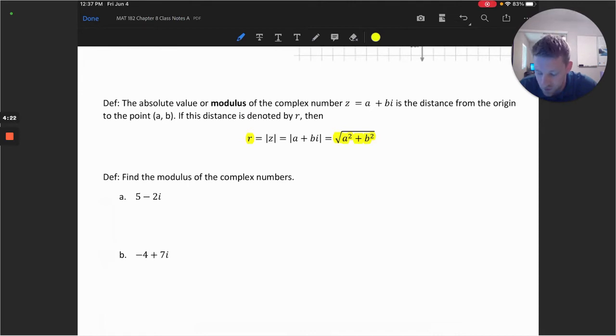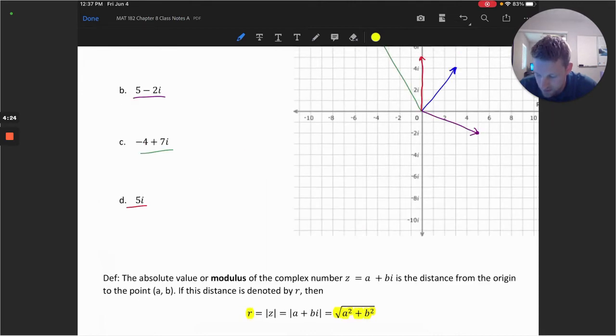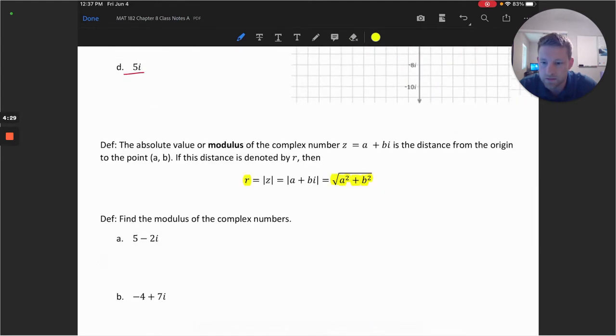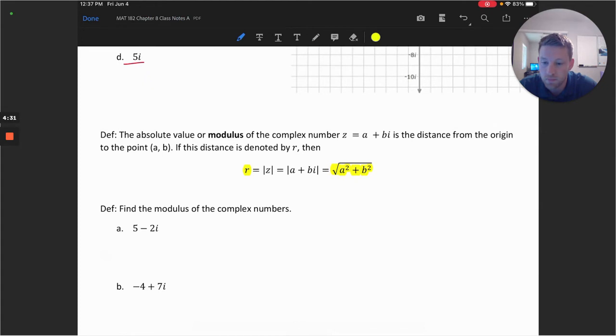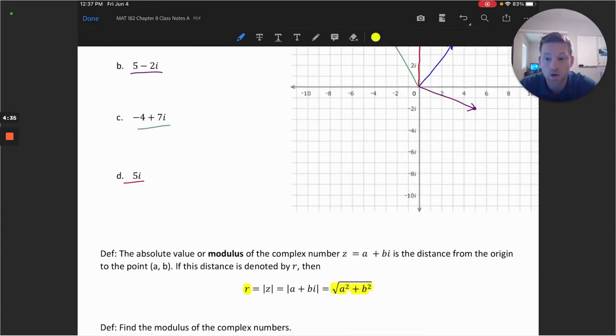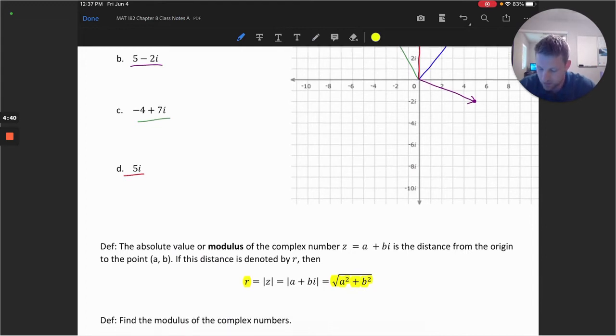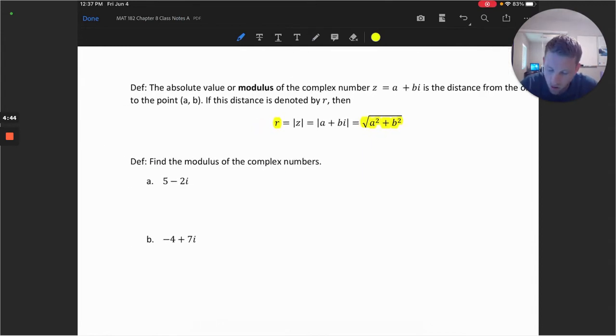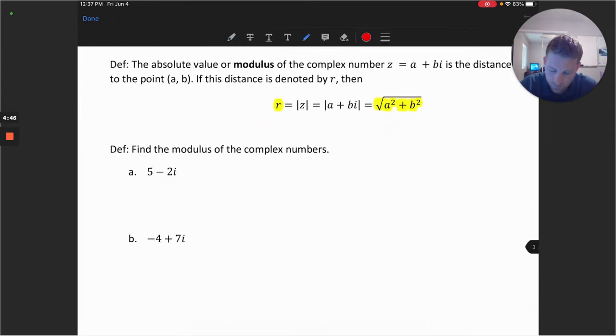So let's take a look at a couple of the vectors that we just graphed. 5 minus 2i was in purple, and then we'll also take a look at negative 4 plus 7i, which was our green vector. And we're going to go find their modulus. So to find the modulus, we'll call r. That is going to be equal to the square root of a squared plus b squared.